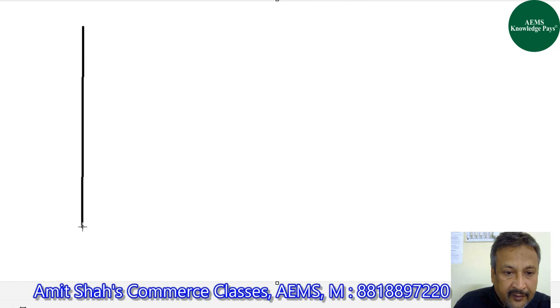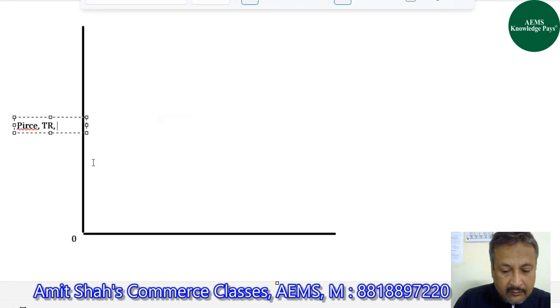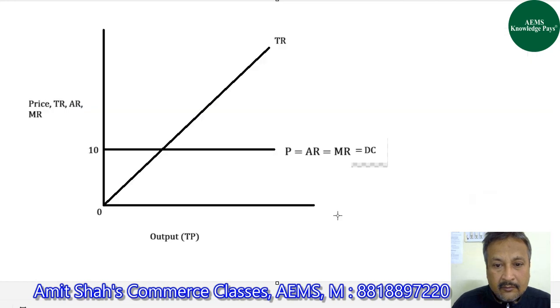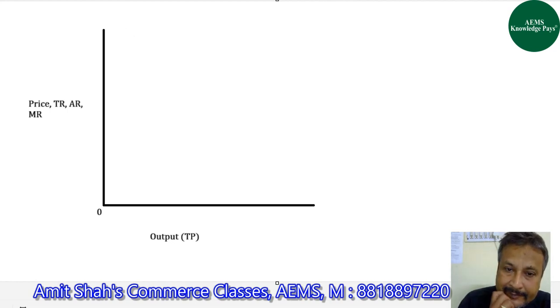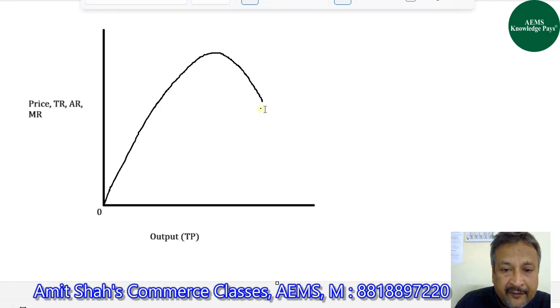So, revenue curves in case of imperfect markets. This is how we have TR curve in imperfect markets.